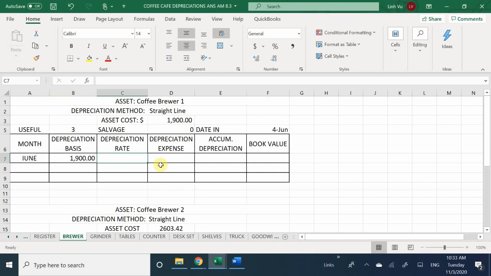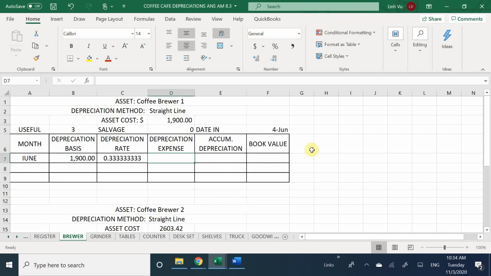So what is going to be my depreciation rate? It says depreciation rate is 1 divided by useful life. I got 0.33333333. Yes, it's going to be 1/3. Good.